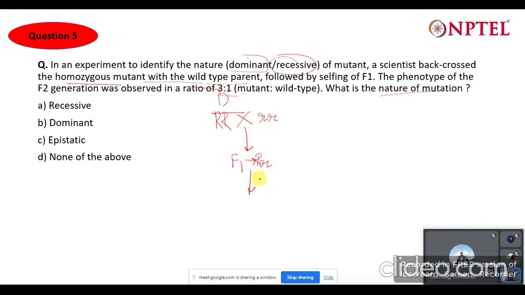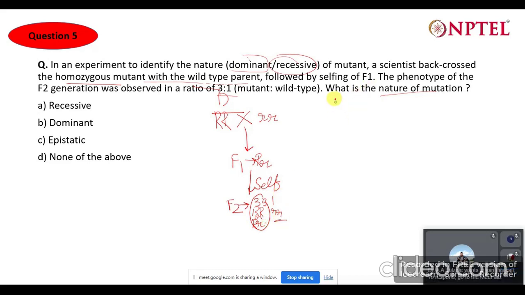When we self it, this will follow the Mendelian pattern, and in the F2 we will get 3:1 of mutant versus wild type. Mutant will be capital R capital R or capital R small r, and wild type will be small r. So we get a ratio of 3:1, mutant to wild type.